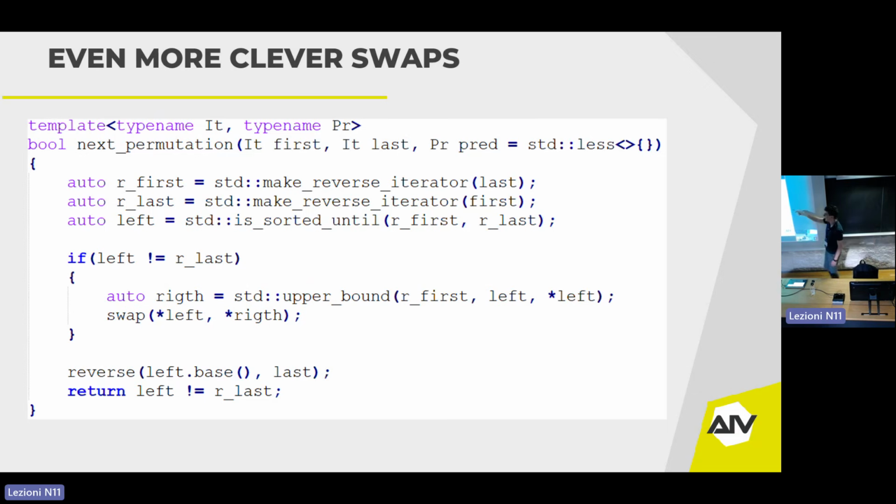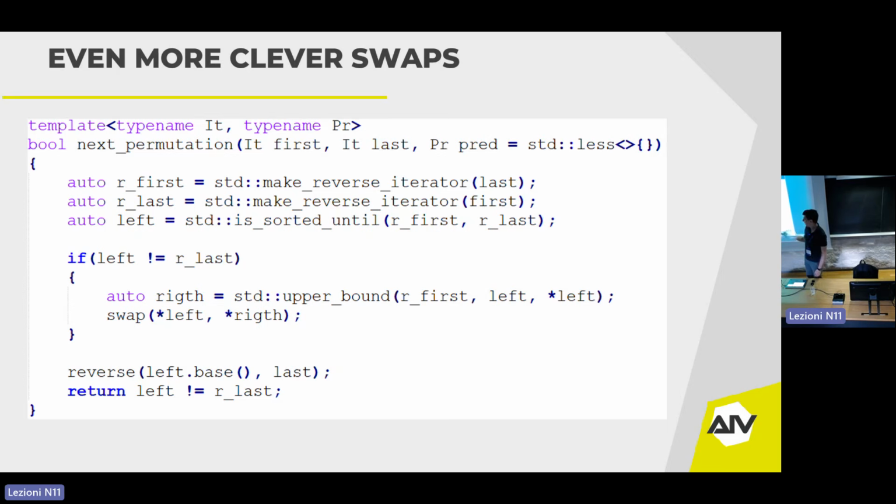But if you do plus plus on reverse last, you are going backwards by 1, because the reverse iterator, when you do plus plus, goes back by 1. Okay? So the reverse of last is the first, and the reverse of first is last. You can always go back to the natural iterator by calling dot base. So now that we have reverse iterator, we can iterate in the other way.